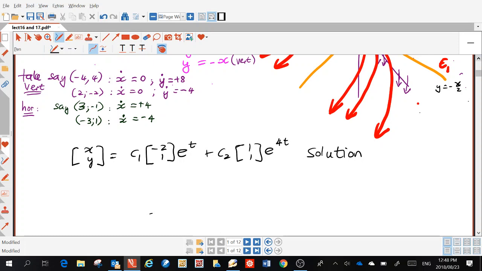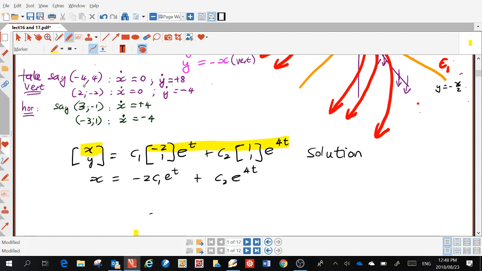Now to write the solution explicitly, we can say x is equal to minus 2 c1 e to the t plus c2 e to the 4t. The top row, that's the solution for x.